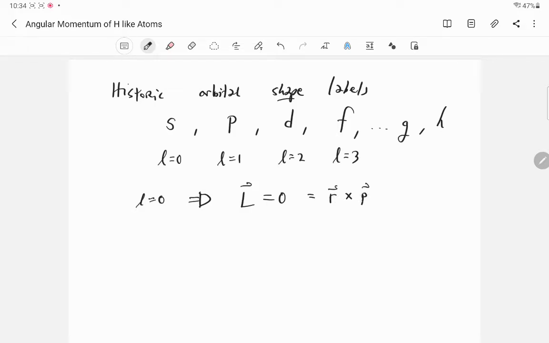Does this mean that our electron always has momentum 0? Because that's how you get 0. Or does this mean that the location of the electron is always in the same direction as the momentum of the electron? Is the electron always headed either outwards or inwards from the nucleus? None of those are going to be true.